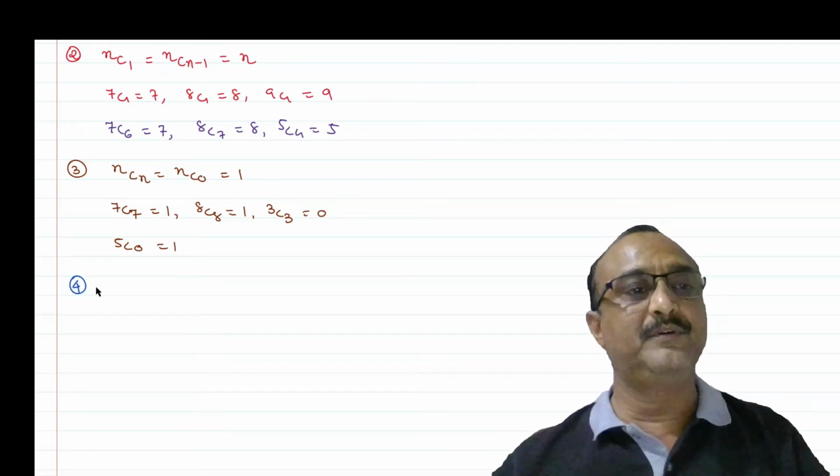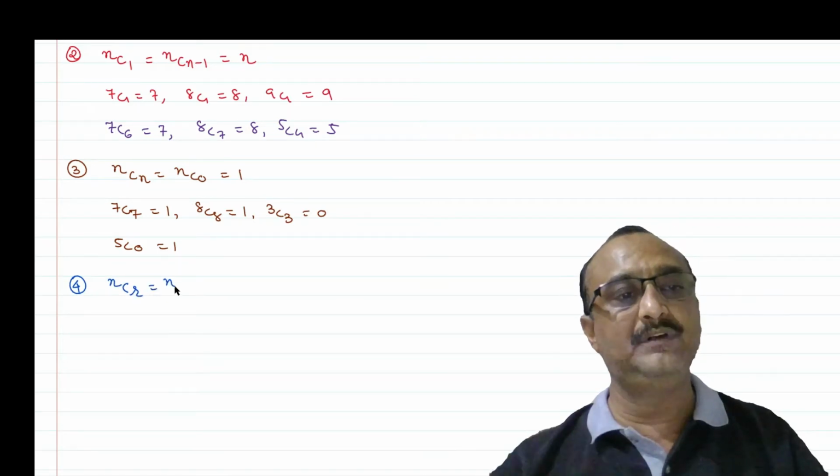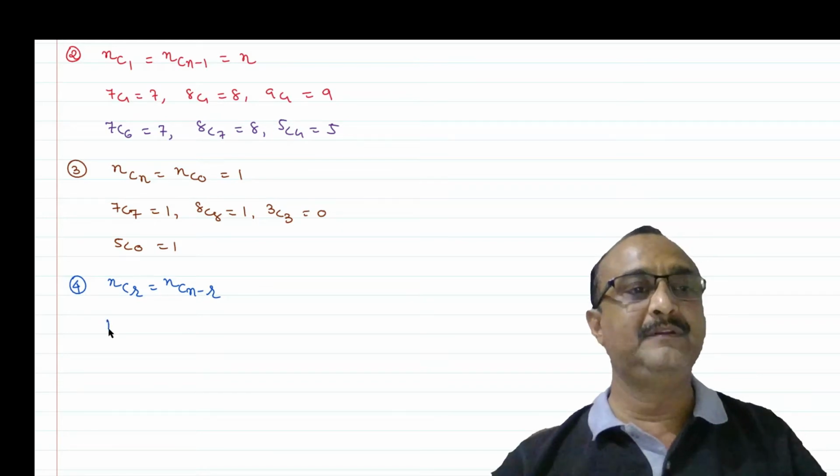Number 4 is the most important formula for shortcut: nCr equal to nC(n minus r). For example, 11C9 is given.